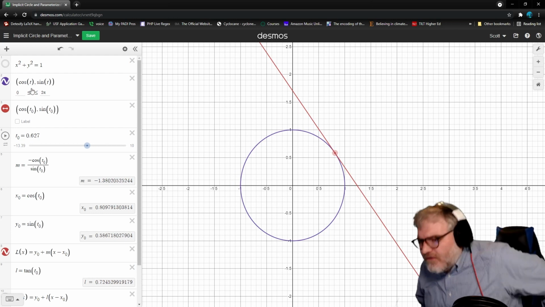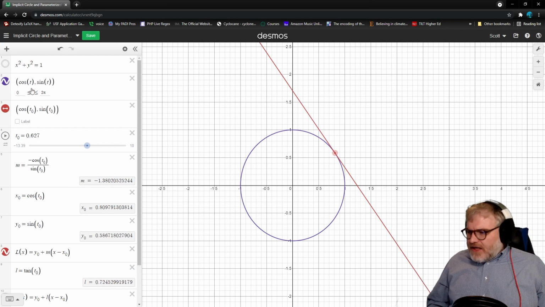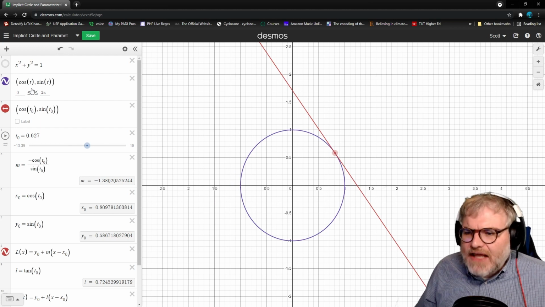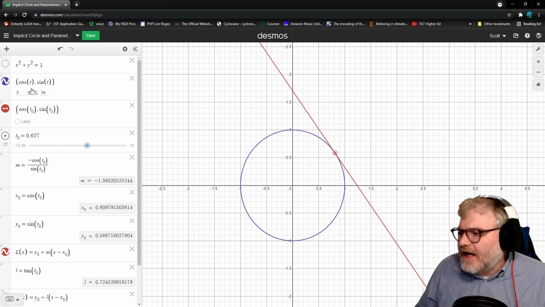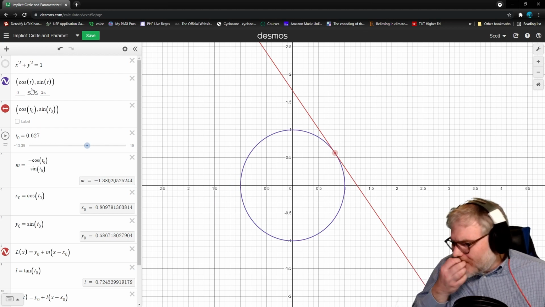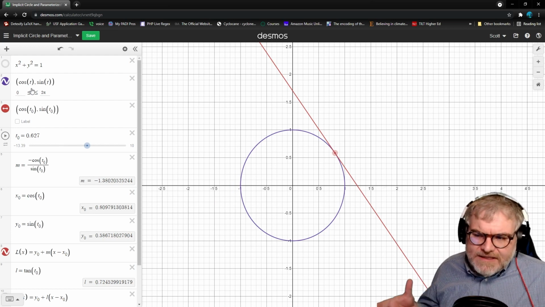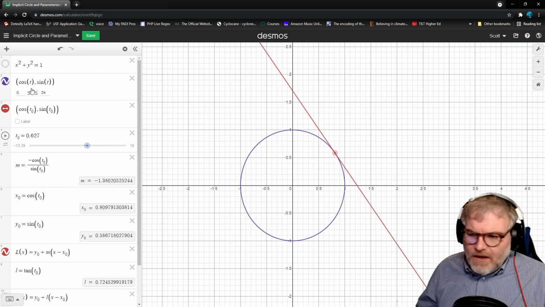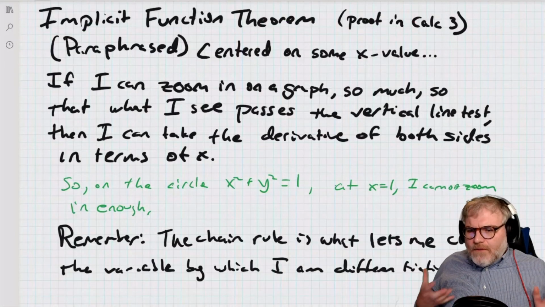Then I divide the derivatives by each other, and that will give me the derivative that I wanted, dx over dy. But there are technical details that you have to check. As I said, you'll see a bit of this in Calc 2 when you do parameterization, and then again in Calc 3 when you do partial derivatives. So we've talked about why it works.